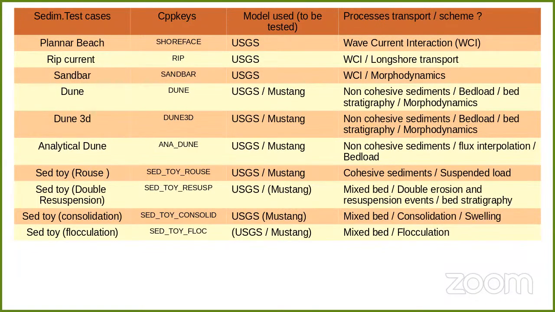The first one is to study whether it fits the Rouse theory with cohesive sediment. Then the double suspension case is made if you want to see the bed stratigraphy and the result of different stress or resuspension events. You also have consolidation and population for mixed bed, with not only sand but also mud.